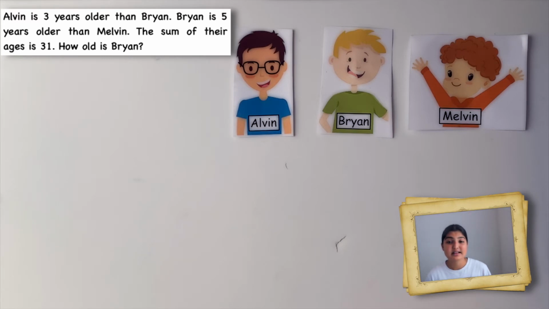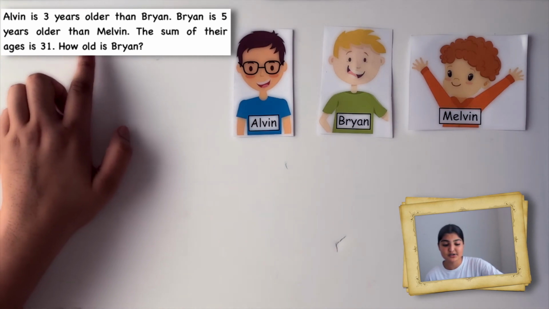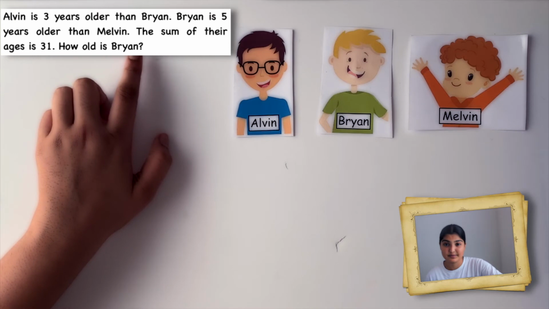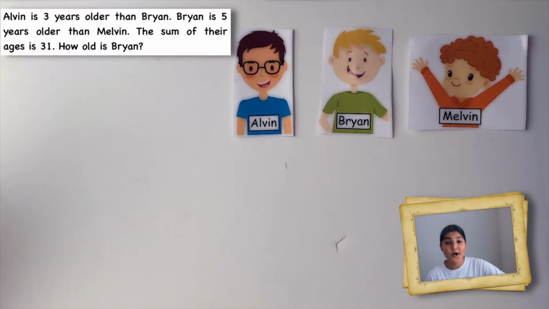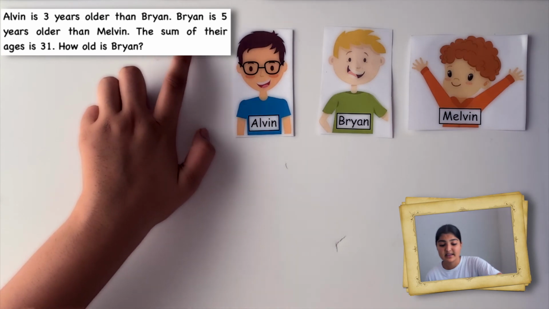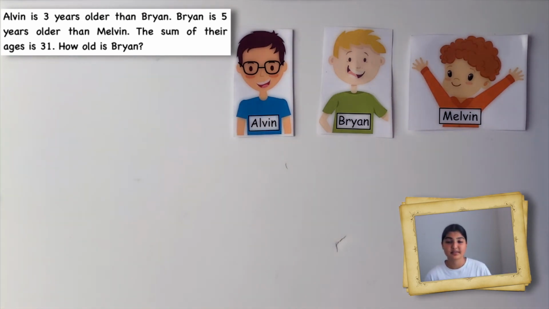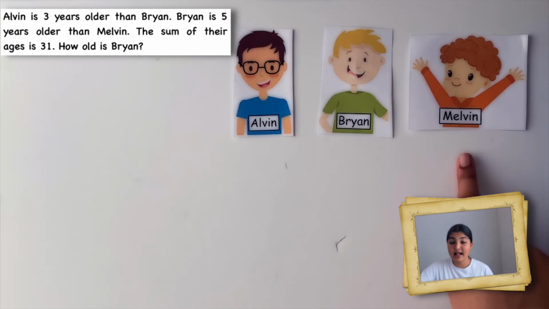Well, the problem tells us that Alvin is 3 years older than Bryan. It also tells us that Bryan is 5 years older than Melvin. So, let's start by assuming Melvin's age.